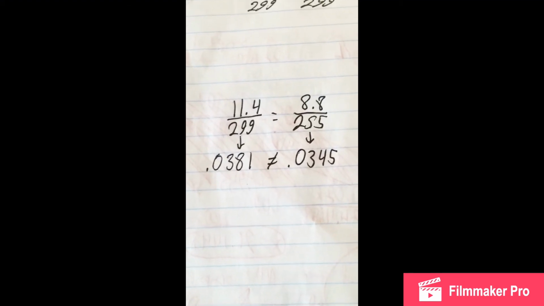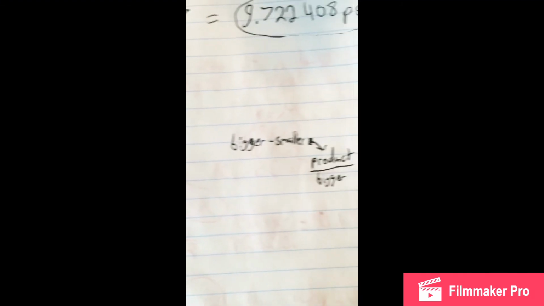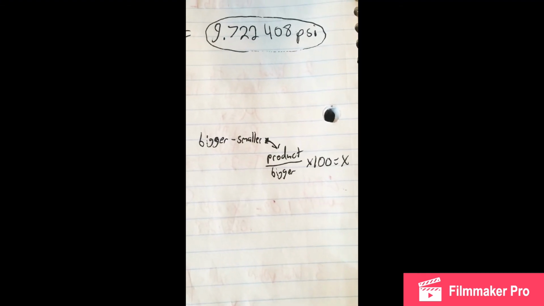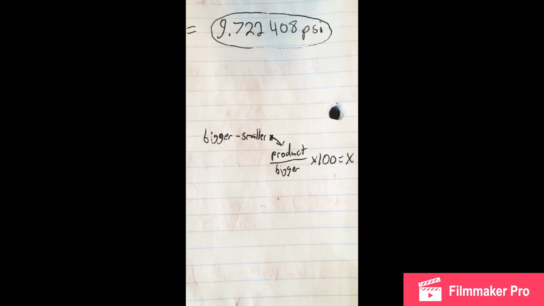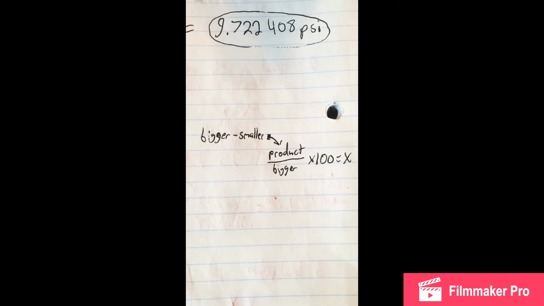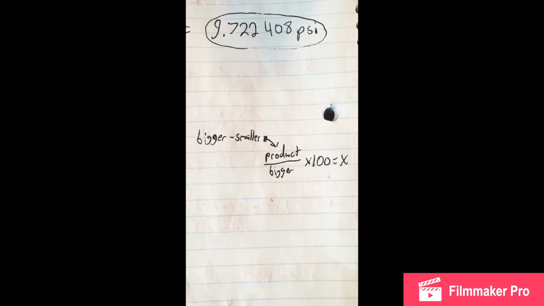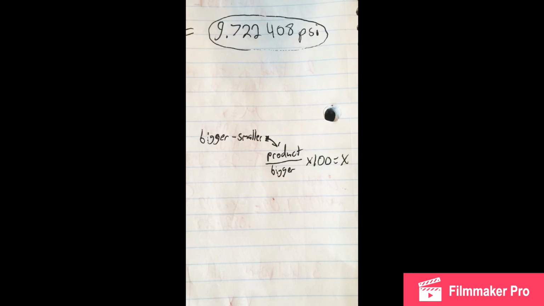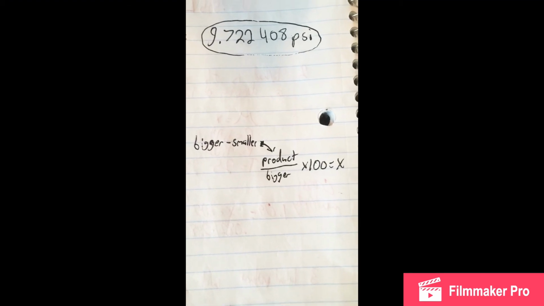We got our variables. They're a little bit different, and this is the equation to find percent error. Bigger minus smaller over the bigger again, times 100 equals our percent error.